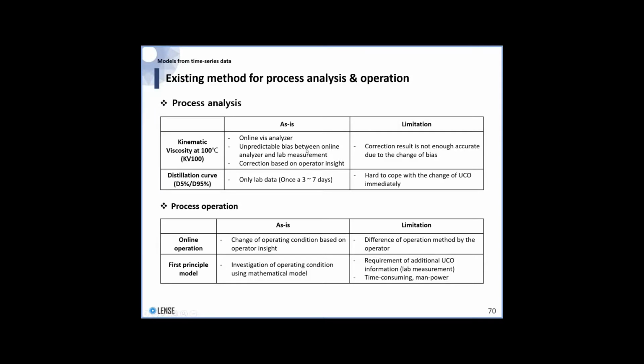So this was a good problem for soft sensing, an inferential analyzer, a virtual analyzer. We wanted to look at measurements of the process as well as the input, and then use those measurements to correlate to the kinematic viscosity and distillation curve and so on.